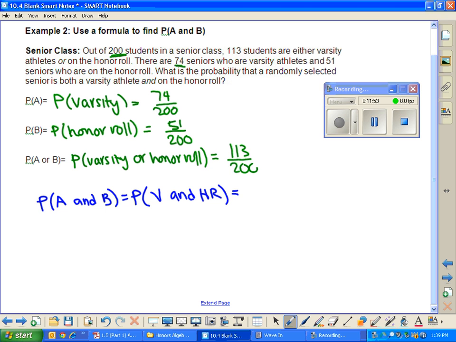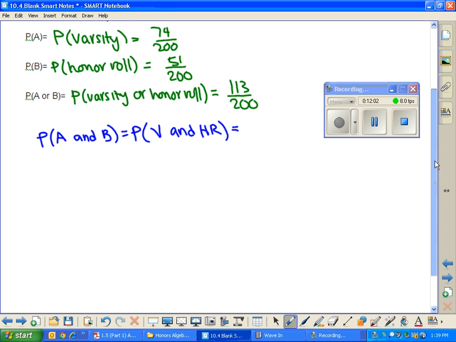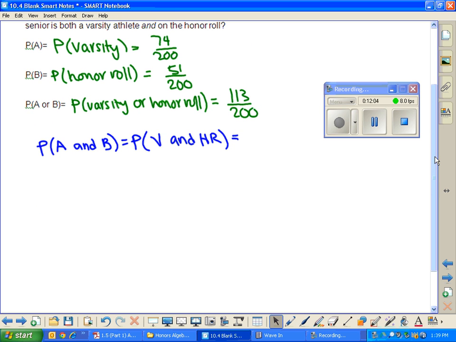Right. You are correct. So we have all the information we were given. We know what we're looking for. Now the only question I have for you is, well, what's wrong with our formula that we wrote down in our notes? I mean, what do we have to do? Because it doesn't look like the way we want it to look.